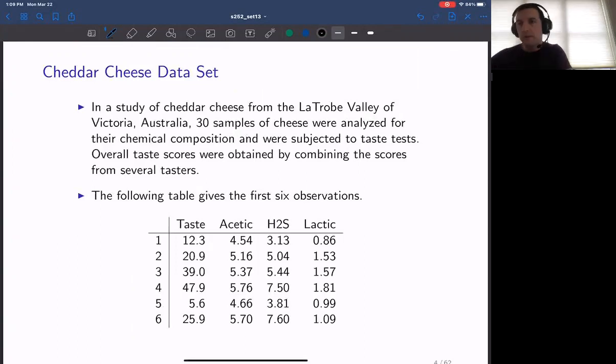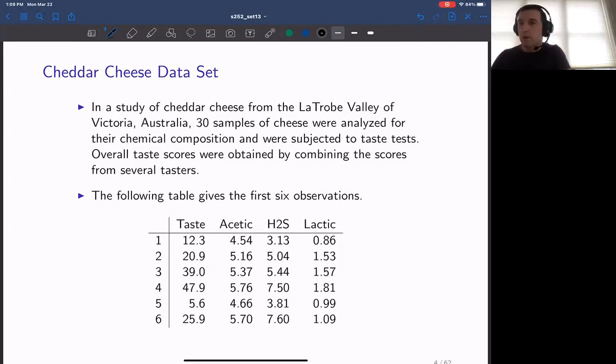Okay, so to illustrate an MLR model, we're going to start with a fairly simple data set. In this data set, what we are measuring is the taste score for one of 30 different cheeses.